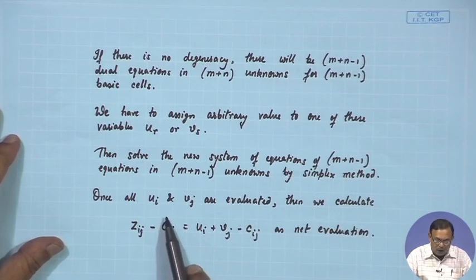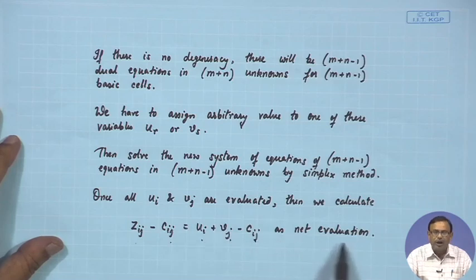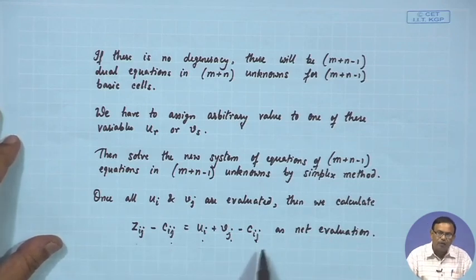Once all u_i and v_j are evaluated, we can calculate z_ij minus c_ij equals u_i plus v_j minus c_ij as the net evaluation, which is an important equation for us. For finding optimality, we will basically use this particular constraint, which we will discuss in the next class.